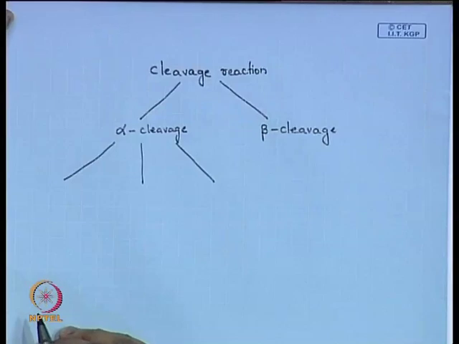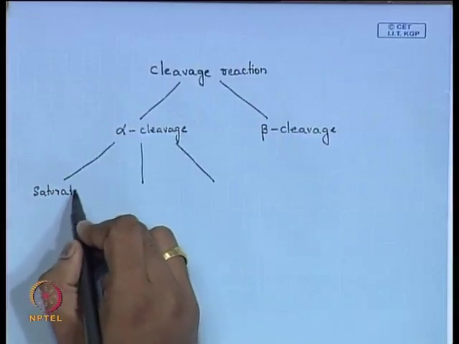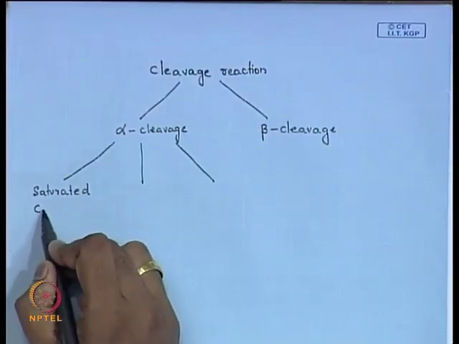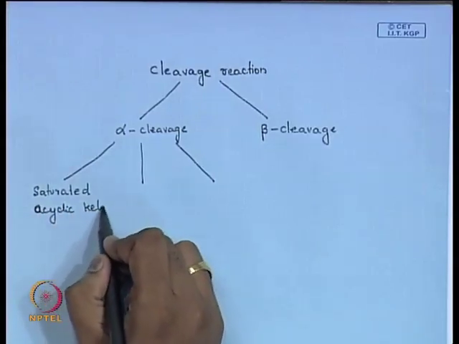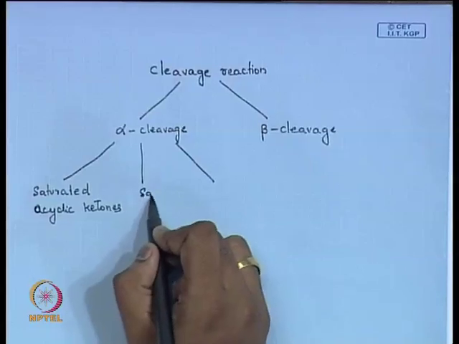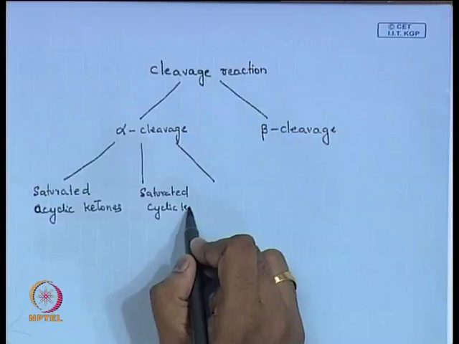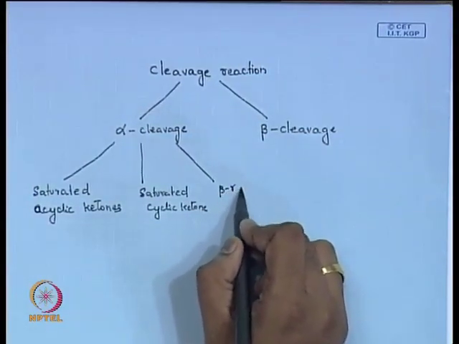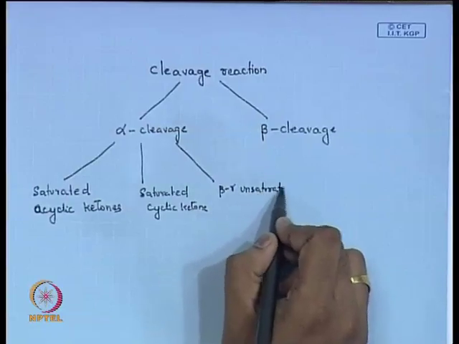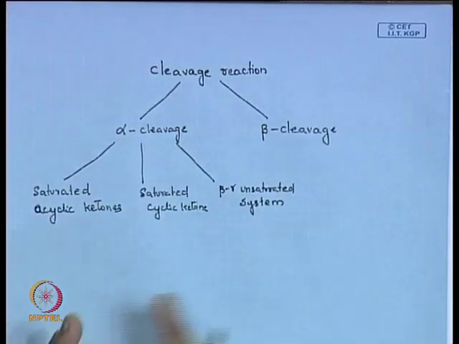We divided 3 systems there. We work with saturated acyclic ketones, then saturated cyclic ketones, then beta gamma unsaturated ketones. That is how we carried out.